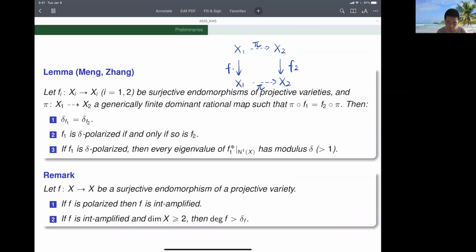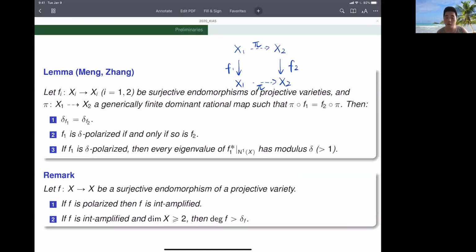This is proved by Dr. Shengmeng and Professor Qi. If f is inamplified and the dimension of f is greater or equal than 2, then degree of f is greater than delta f.